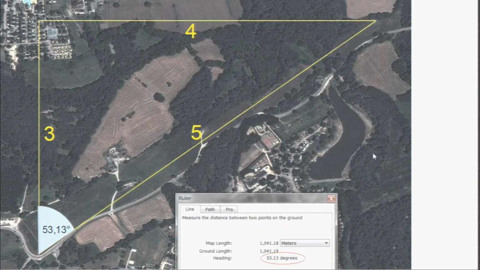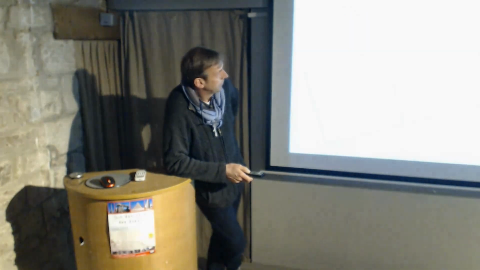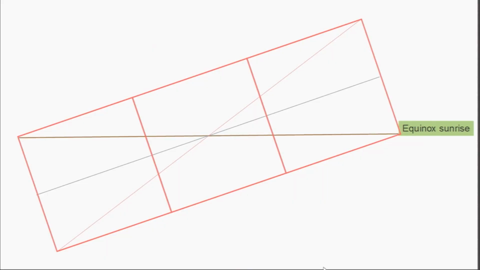Now, the other angle of this 3-4-5 triangle, if we take it from east, is 36.87 degrees. And one day I had another kind of revelation when I discovered that that angle is in fact twice the angle of a triple square.